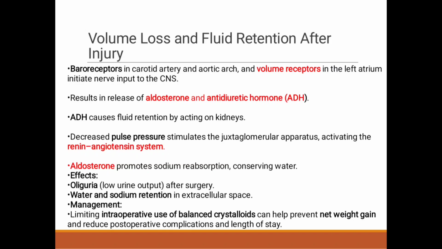Angiotensin 2 acts on the adrenals to release aldosterone. The aldosterone promotes sodium reabsorption from the tubules of the kidney, which ultimately conserves the water. So the aftermath of these effects is ultimately oliguria, low urine output after surgery, and water and sodium retention in the extracellular space.